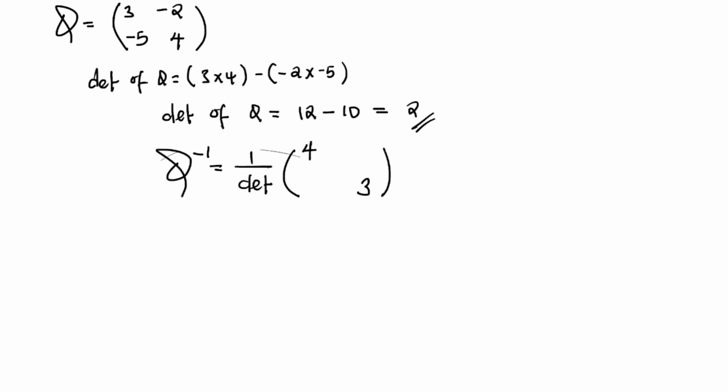Those elements, they will change the sign. If a number is a negative, it will be a positive. And if it is a negative also, it's going to be a positive. Okay? But if one was a positive, it would have changed to be a negative.